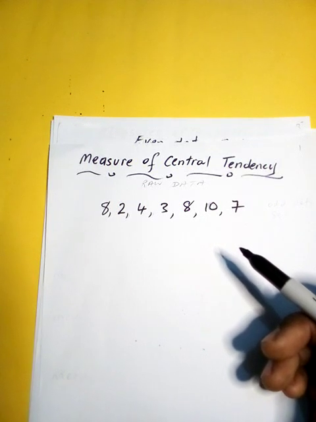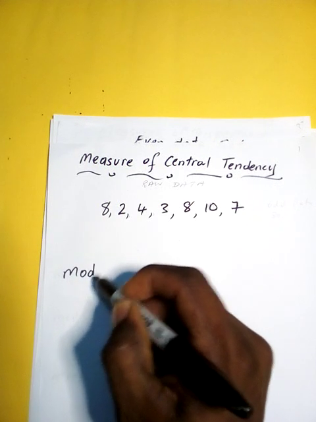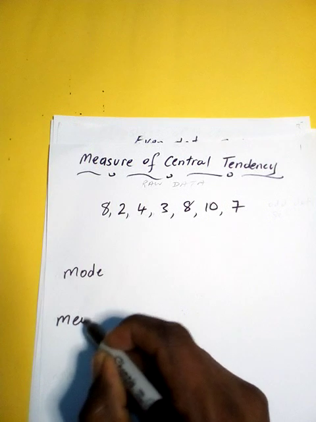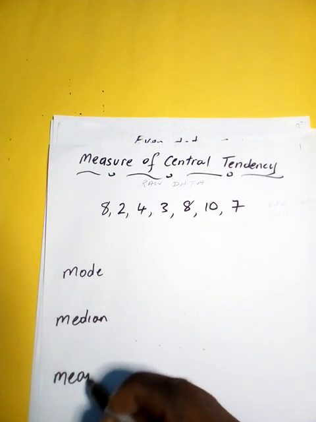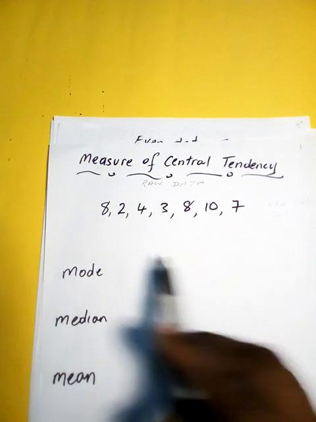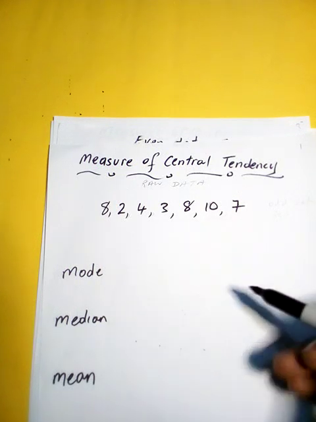Okay, so we're gonna use this example to explain the mode, the median, and the mean. All right, so here we have an odd set of numbers or raw data.